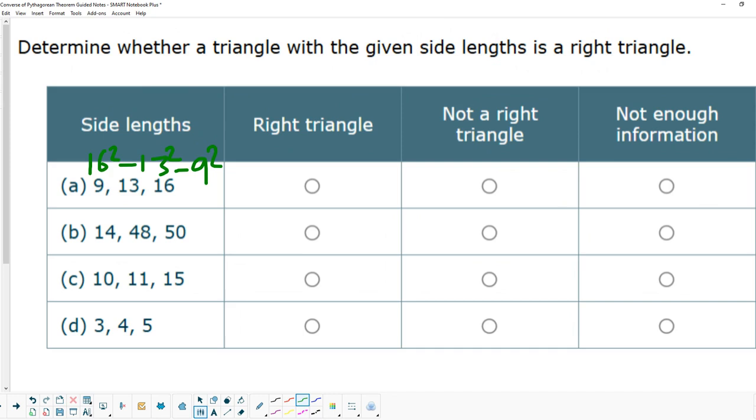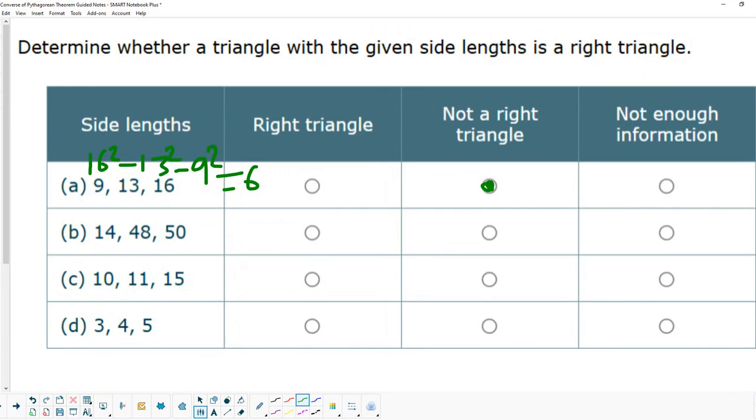It's that simple. So 16 squared minus 13 squared minus 9 squared. So this ends up coming out to be 6. So this is not a right triangle.